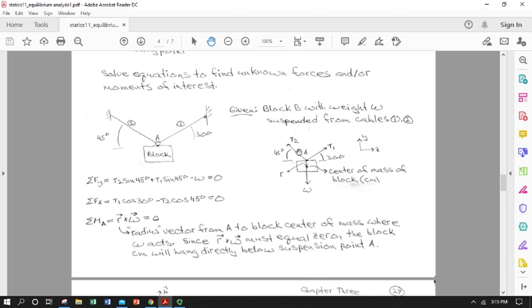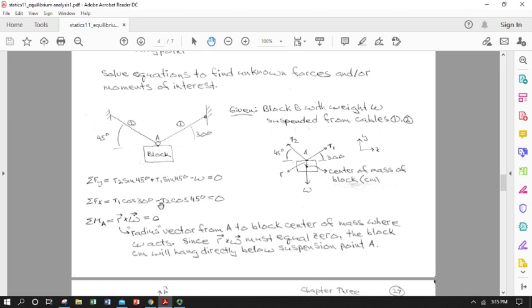I could actually prove that if this is hanging, the sum of the moments about A would have to be 0, which means that a radius from point A to the center of mass of the weight crossed into the line of action of weight, which is vertical, would have to be 0, which means the angle between these two has to be 0.